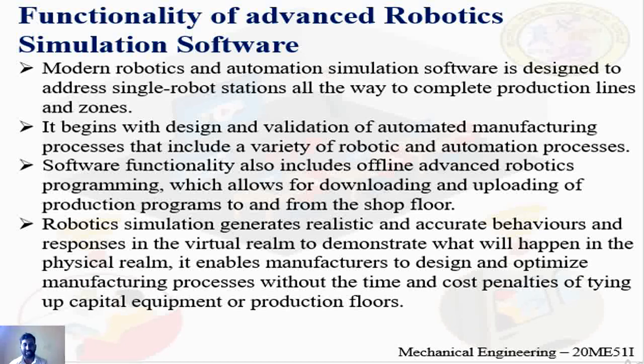What functions can we see by using robotic simulation software? Modern robotics and automation simulation software is designed to address single robot stations all the way to complete production lines and zones. It begins with design and validation of automated manufacturing processes that include a variety of robotic and automation processes. Software functionality also includes offline advanced robotics programming, which allows downloading and uploading of production programs to and from the shop floor.